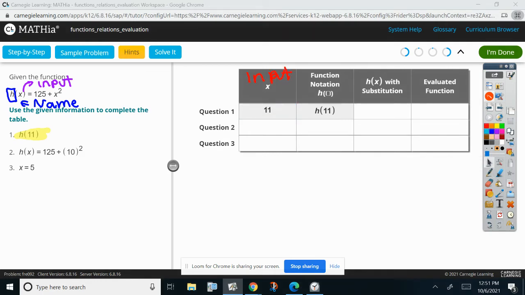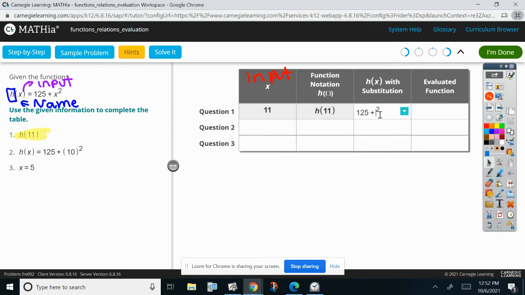And for the h of x with substitution, what I'm saying is I have 125 plus x squared. That's the rule for h. But I changed my input. My input isn't x anymore.